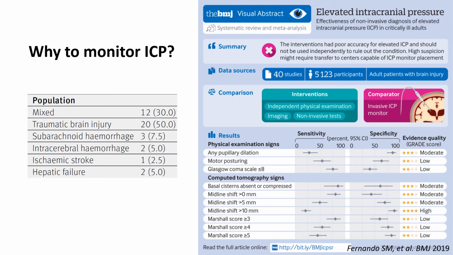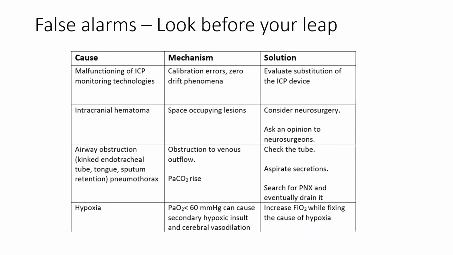Midline shift more than 10 mm is definitely more specific, and obliteration of the basal cisterns is more specific for raised ICP, but they happen much later after the increase in intracranial pressure. So they do not give a real-time indication of intracranial pressure. Hence, one may have to monitor ICP in this case.